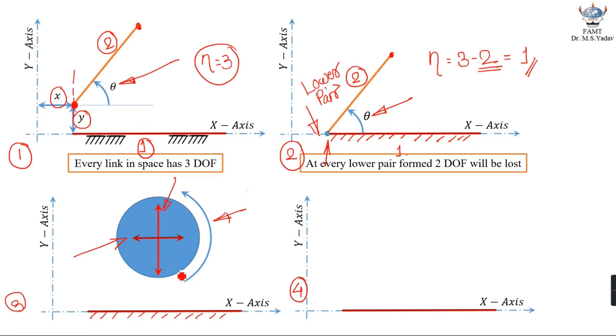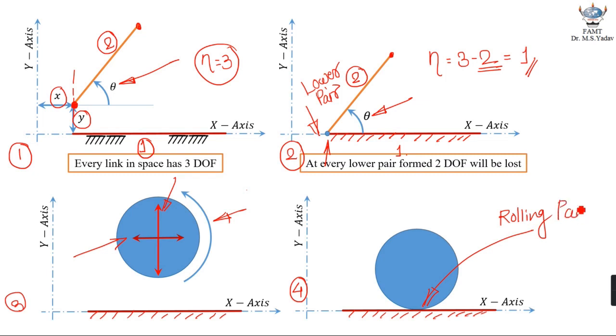So as I've said already, every link in a space will have 3 degrees of freedom. Now let us say this link forms a rolling pair with fixed link number 1. So please refer to figure number 4 now. This link has now formed a higher pair, because we know the pair formed right over here is a rolling pair, and that falls into the category of higher pair.